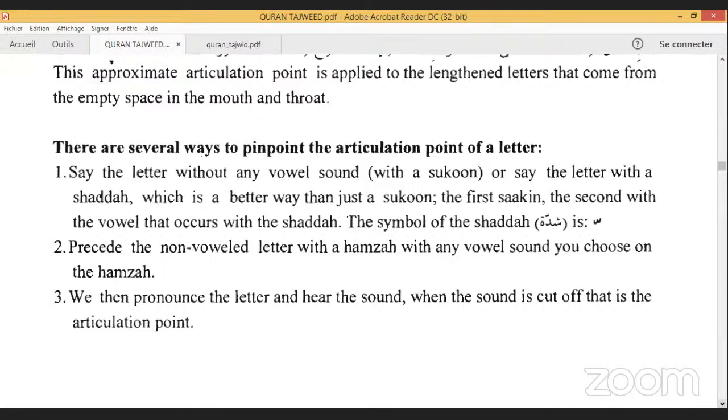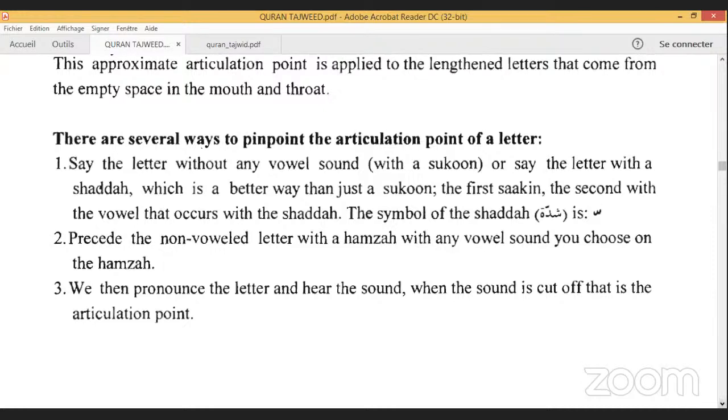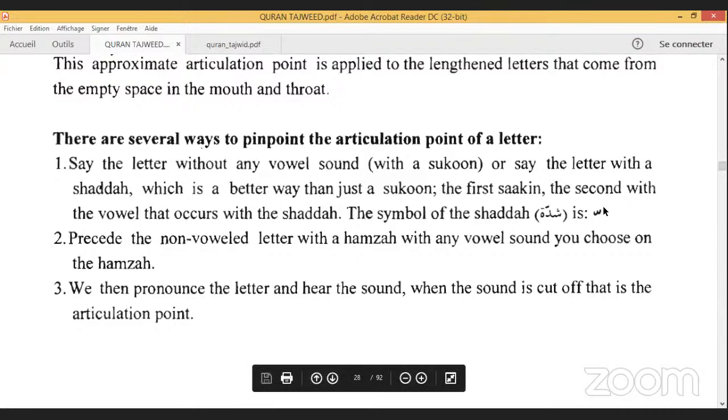Or say the letter with a shadda, which is a better way than just sukun. The first sakin, the second with the vowel that occurs with the shadda. The symbol of the shadda, small c, is like this one. You see on the screen now this slide.